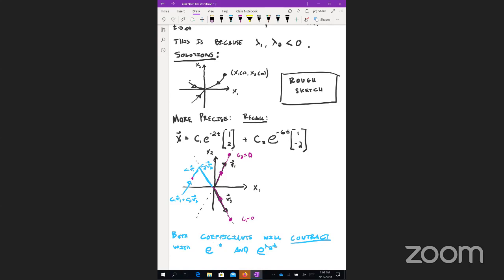Actually, there's no reason to be precious about this. We know what lambda 1 and lambda 2 are: e to the minus 2t and e to the minus 6t.